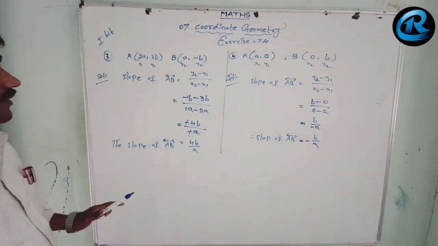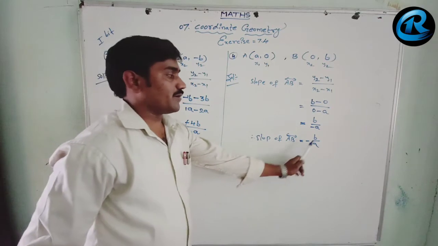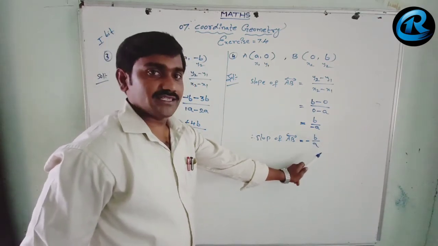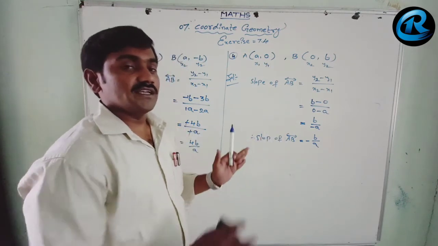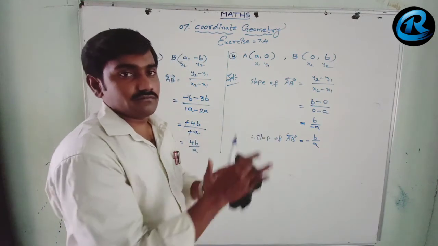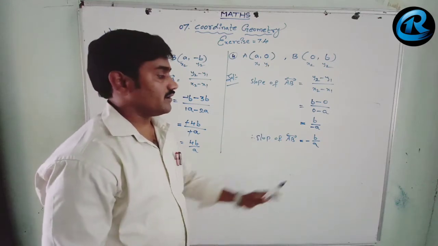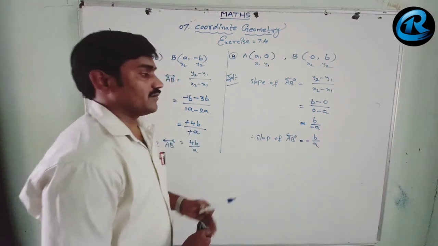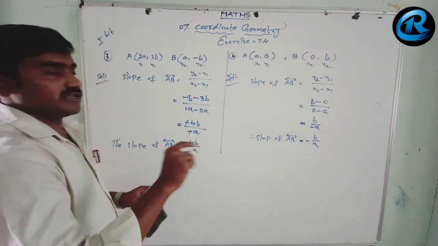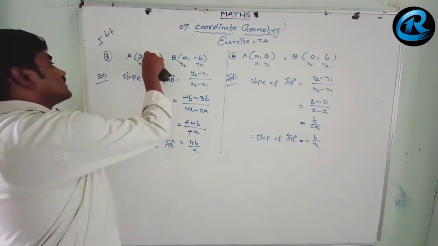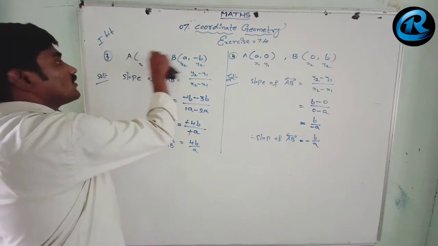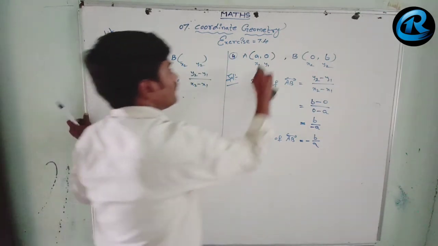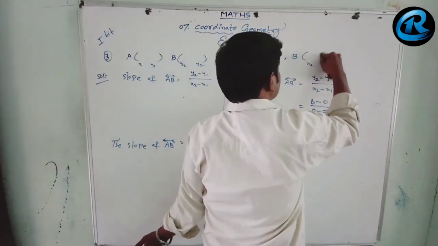Finished. The b is not minus here; minus b by a should be read as a negative fraction. Pronunciation comes like that, but we should know the meaning of it. Okay, then we go for question number 5 and question number 6.